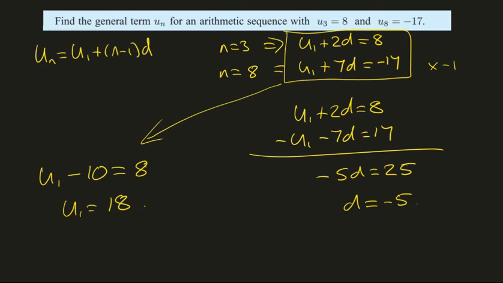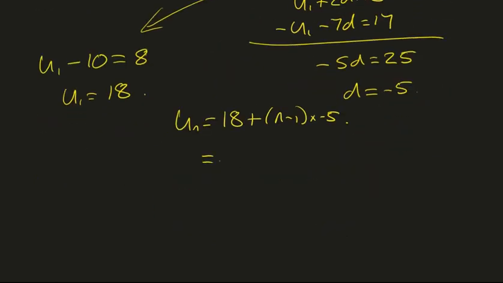Now we can write out that general formula, subbing in our value of u1 and d. un is going to be equal to 18 plus n minus 1 times minus 5. And that's probably enough. I mean, let's simplify it, make it look a bit nicer. We can expand the brackets. We'll have minus 5n and a plus 5. So we'll have 23 minus 5n as our final answer.